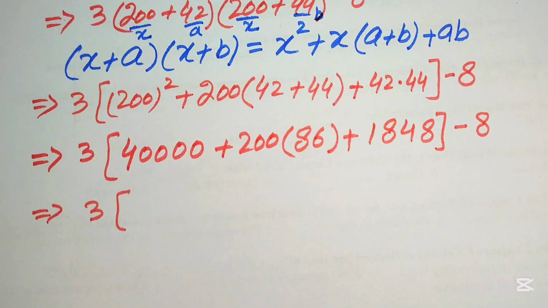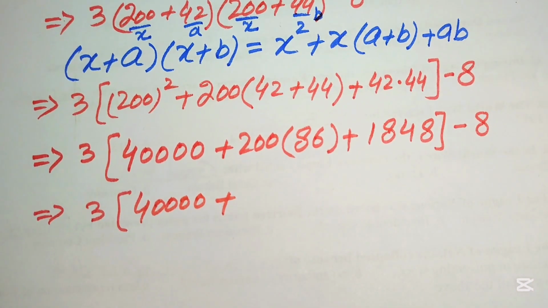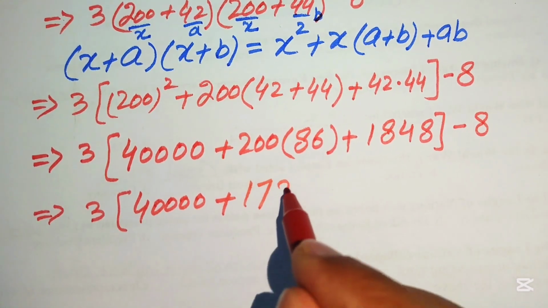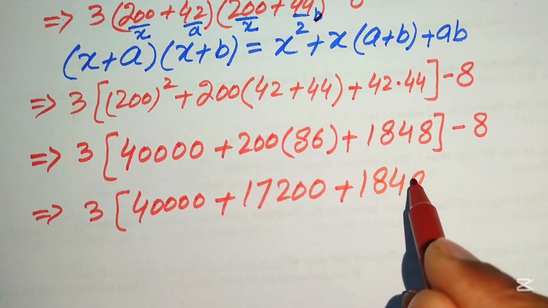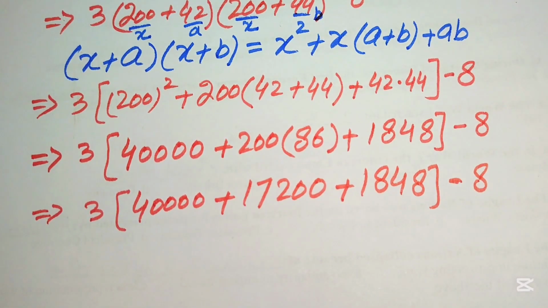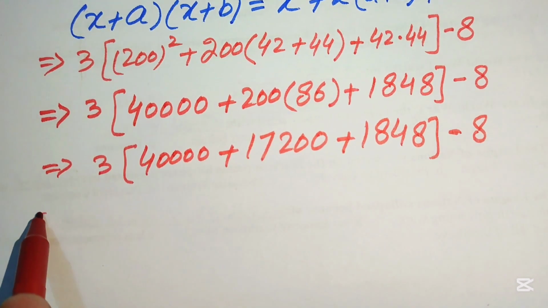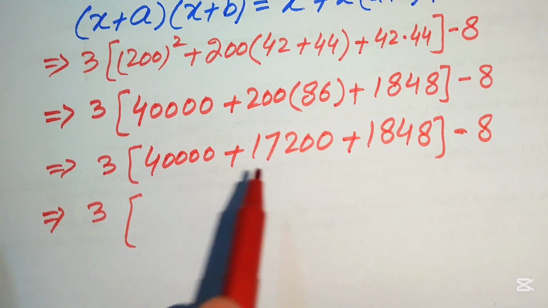Here we now multiply this 200 by 86, so that we write it as 40,000 and plus 200 multiplied by 86 is equals to 17,200, and plus this is we have 1848 and minus 8. So if you can apply the traditional method of multiplication, you easily get these type of numbers.